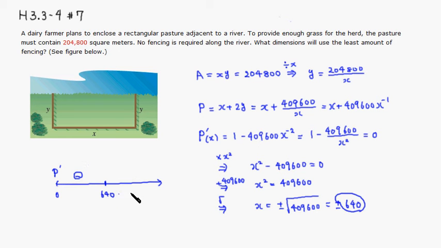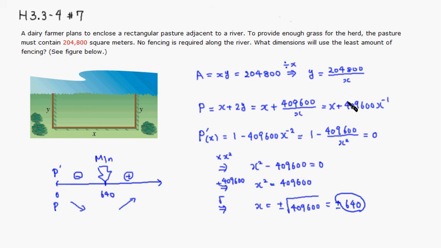Something bigger than 640, like 1000, you see that this is going to be positive. So P is decreasing here, and after that it's increasing. So we know that we're going to have a minimum here.